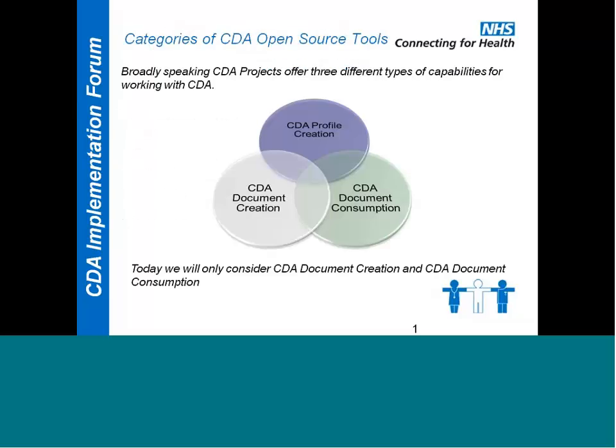Okay, so as far as open source tools, where we sit within Connecting for Health, we've been involved in working with CDA for some time, and we've categorized tools into three main areas. So there are tools that are there for creating the CDA profiles. So that's for creating the products that we publish, and the specifications, the MIMs and DMSs, message manuals that people implement against.